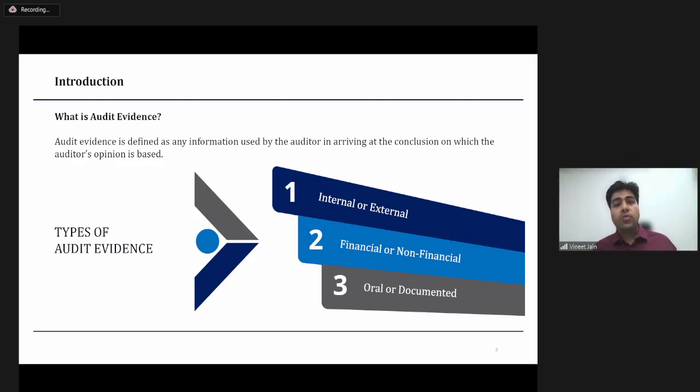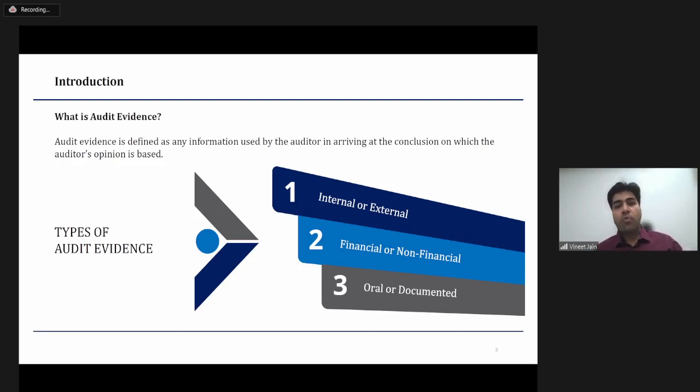Those types of evidence and documents are known as internal audit evidence. Whereas external audit evidence is obtained from outside the organization which is under audit. There may or may not be intervention of the management or the people concerned from the company side, but the ultimate source of such audit evidence is outside that particular organization, and it is known as external audit evidence.